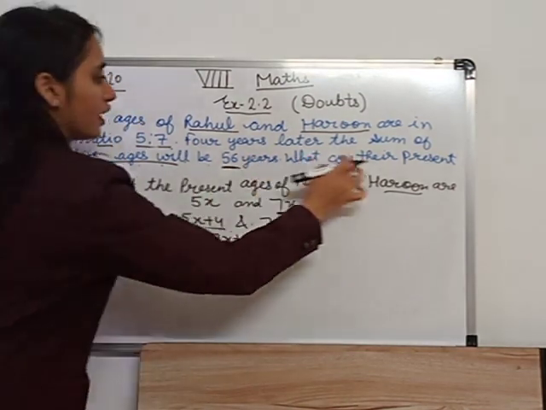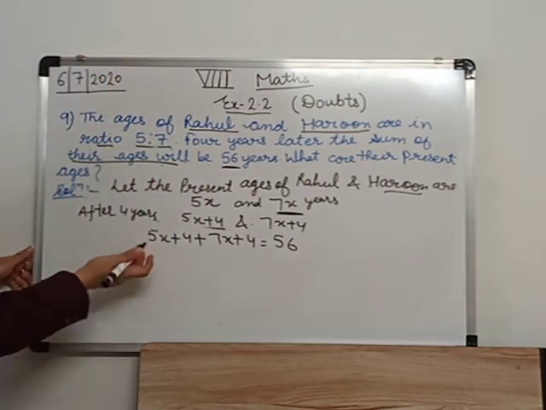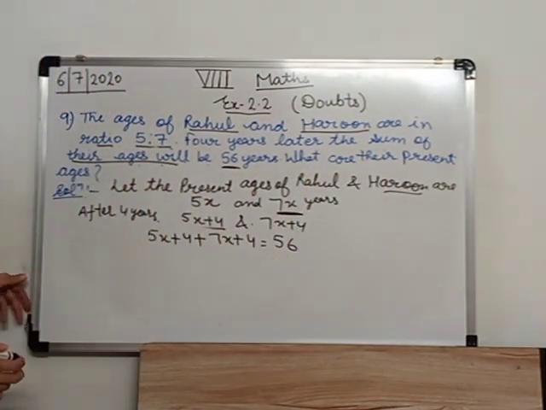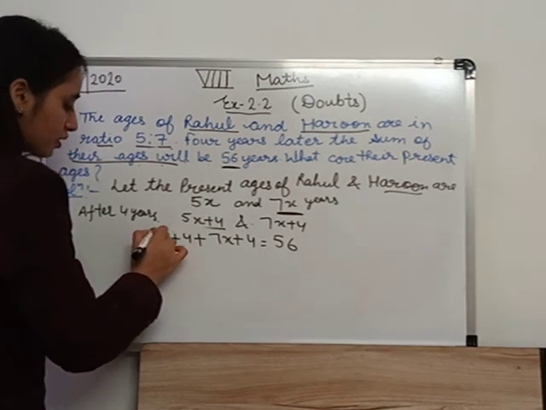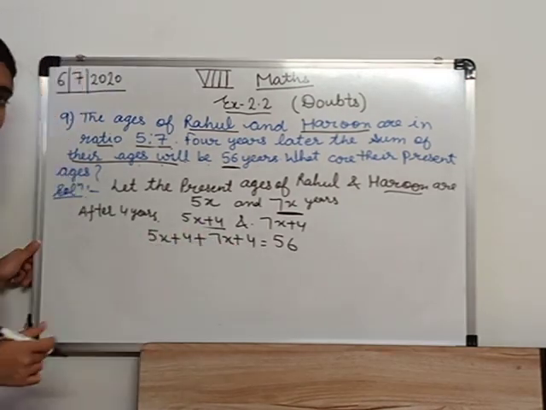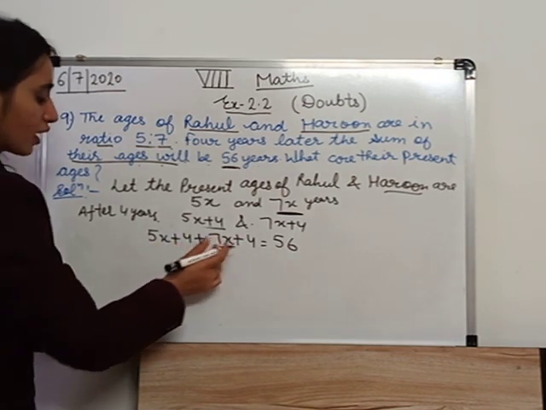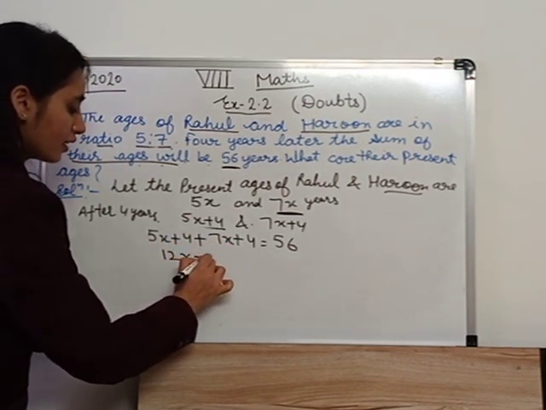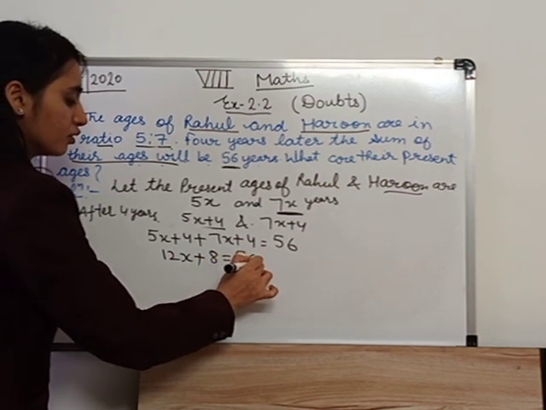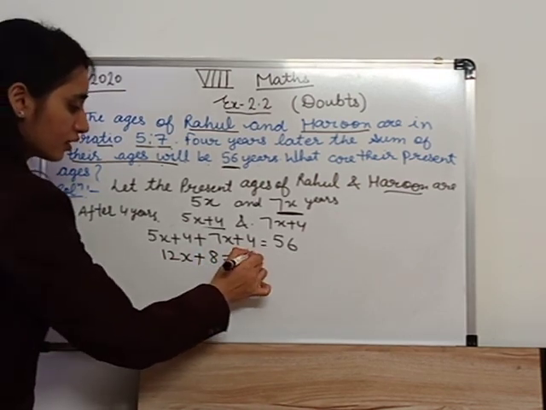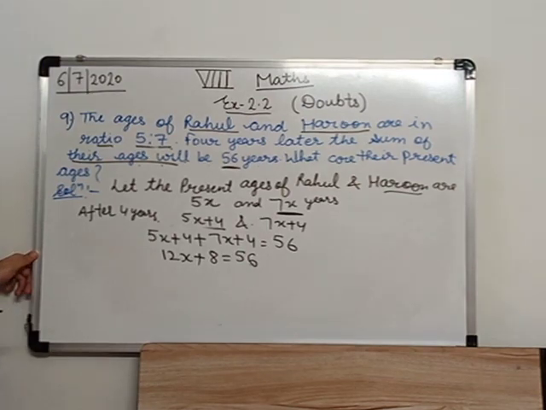Okay, what are their present ages? Now from this equation we have to find the value of the variable x. 5x plus 7x is 12x, plus 4 plus 4 is 8, equal to 56.